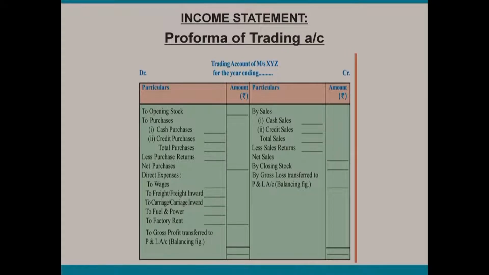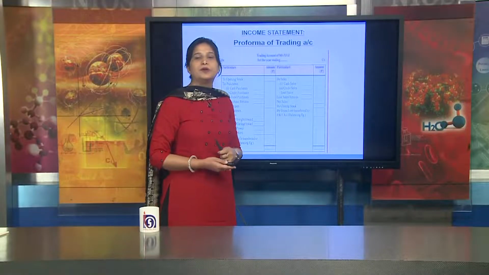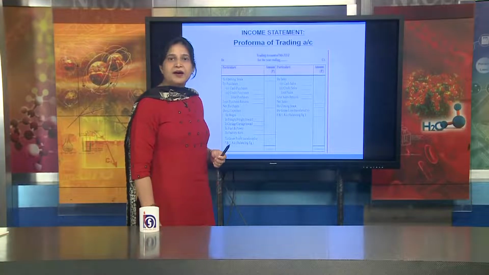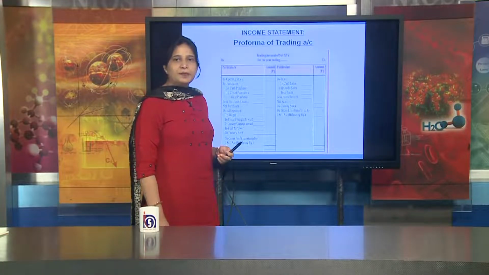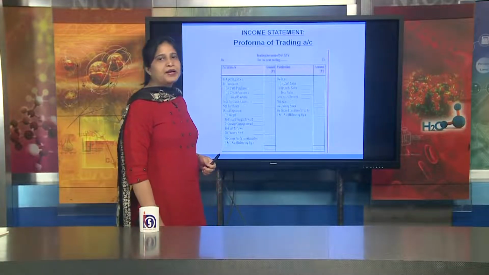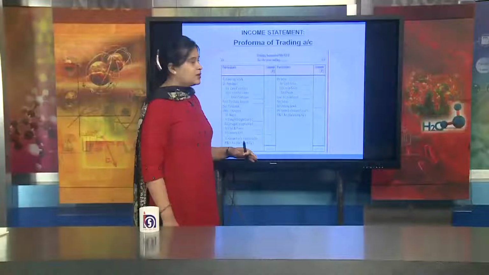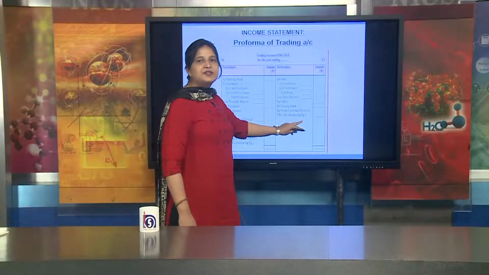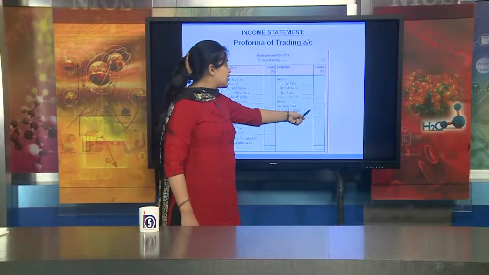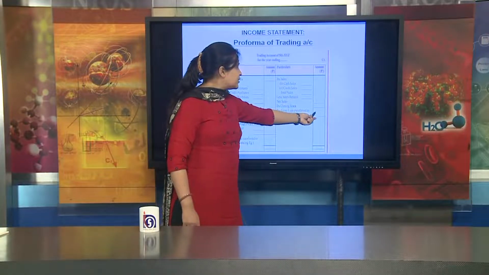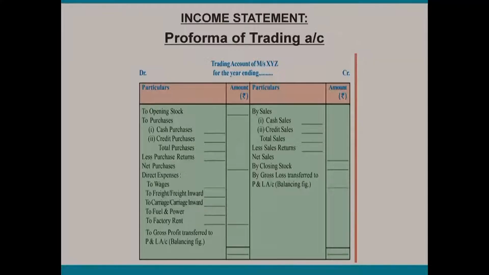Next, by now you already know how to prepare a ledger. You have already prepared a ledger. So you will total both the sides. After you total both the sides, you will find out which side is the greater one. Whichever side the balance is left, if you have this balance left, then you are going to write the balancing figure here, and then it will be gross loss.